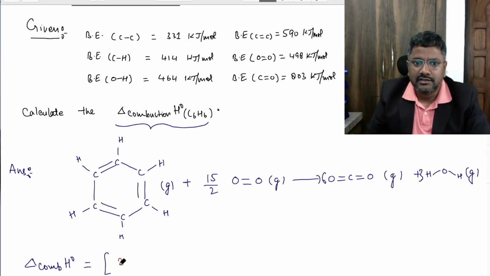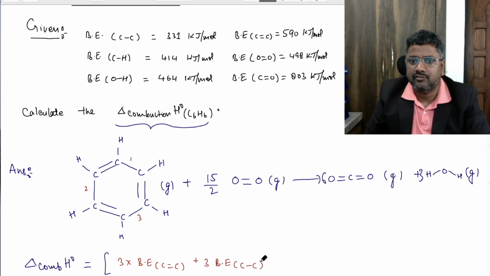So 3 into bond energy of C double bond C plus 1, 2, and 3, so 3 into bond energy of C single bond C, right? Plus how many carbon hydrogen? 1, 2, 3, 4, 5, 6. 6 into bond energy of CH bond, right?